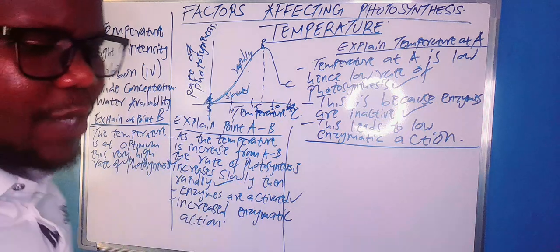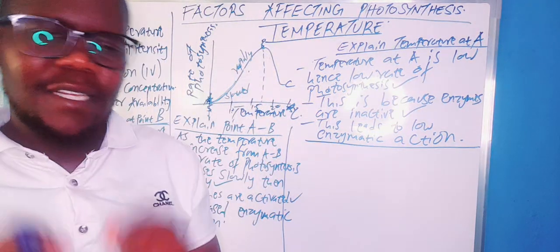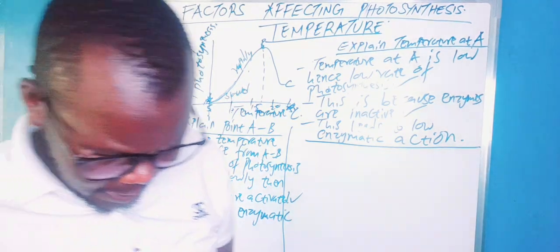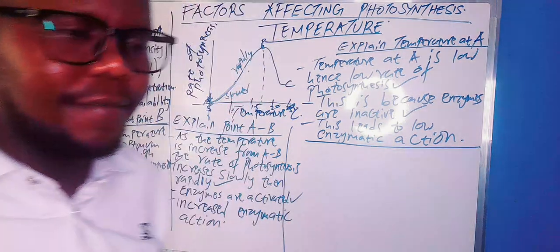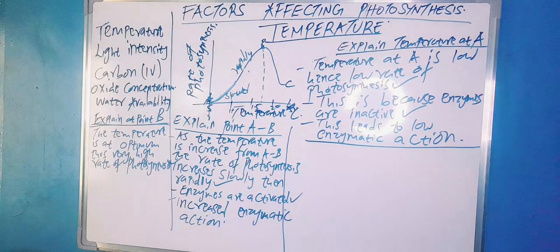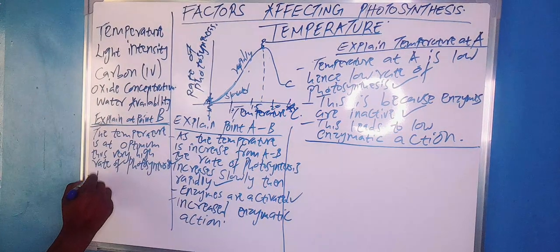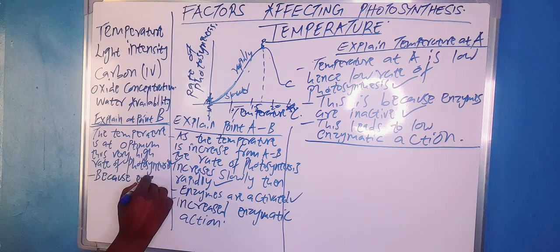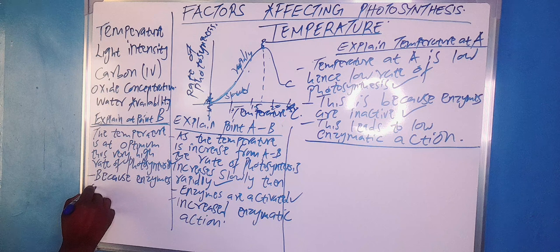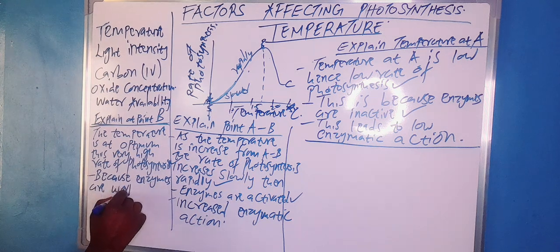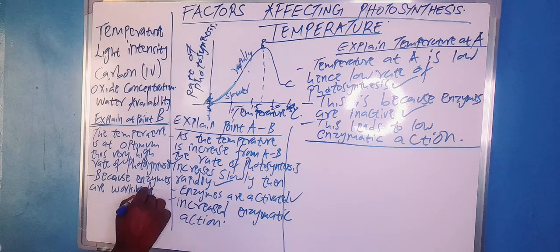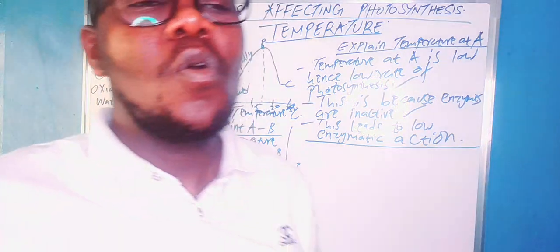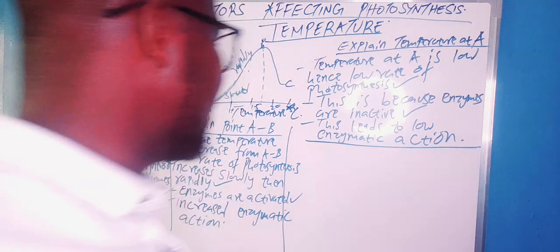We are saying that the highest point is your optimum, and that optimum temperature leads to a very high rate of photosynthesis. Reason here: enzymes are working best at that point.